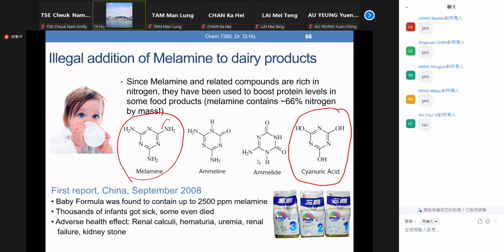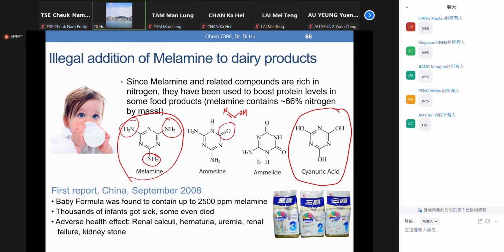For melamine here, there are three amine groups, right? Okay. And for this one, one amine group is replaced. So this one we can write in this way, open this one. Oops, sorry. And we can have OH here, and here is N, so double bond, right?